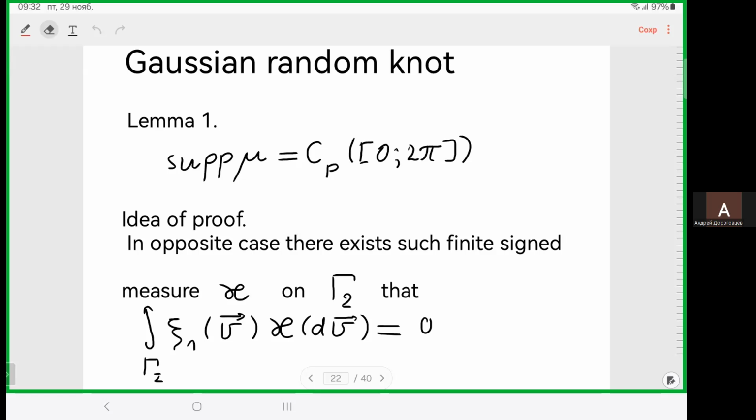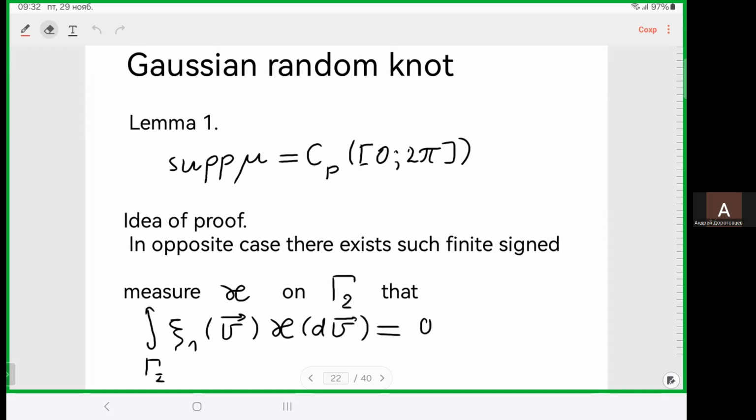Namely, a continuous functional on the space of continuous periodic functions is a measure, a signed measure of course, and it must satisfy this condition.